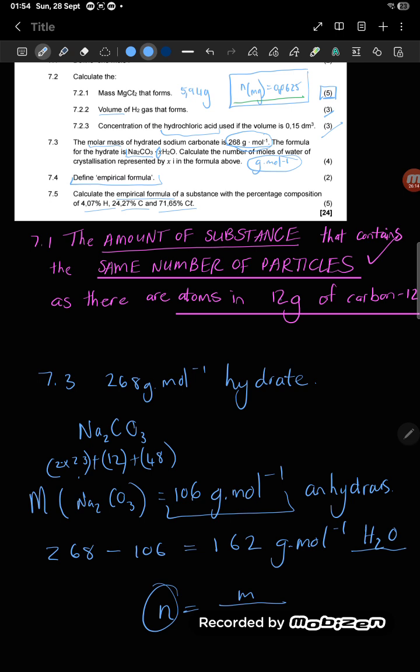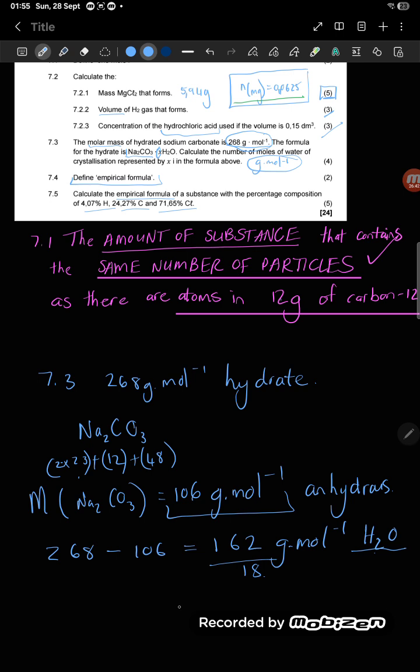It's almost 2 in the morning, so I just want to divide this thing by 18 because H2O is 2 hydrogens plus 16 oxygen, which is 18. So my number of moles is 162 divided by 18, and 9 times 18 is 162.